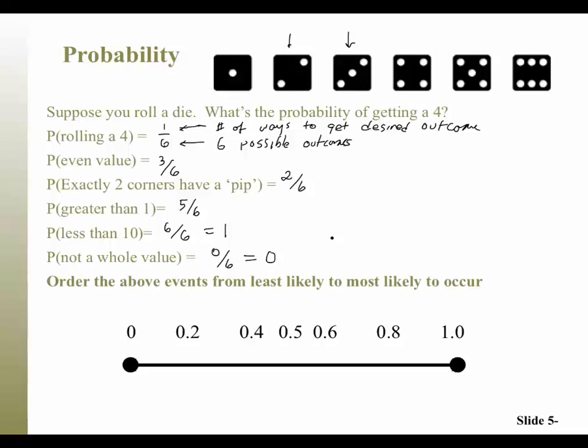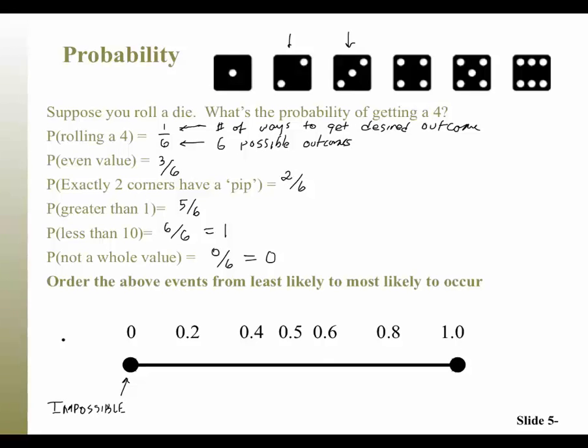So all probabilities then span from 0 to 1. So I made a little scale here. So 0, this was our impossible. Okay?